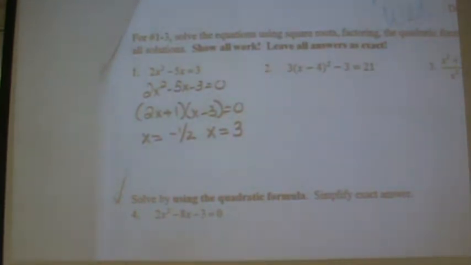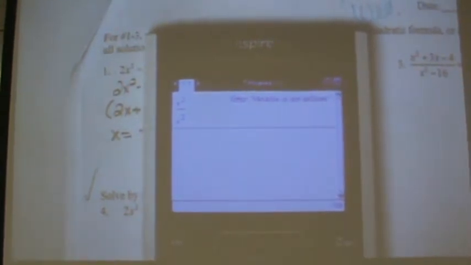So what you could do on this one is you could type it in your calculator. You guys remember how to do that? Let's review. How would you do this? And that's why you really don't even have to know how to factor.